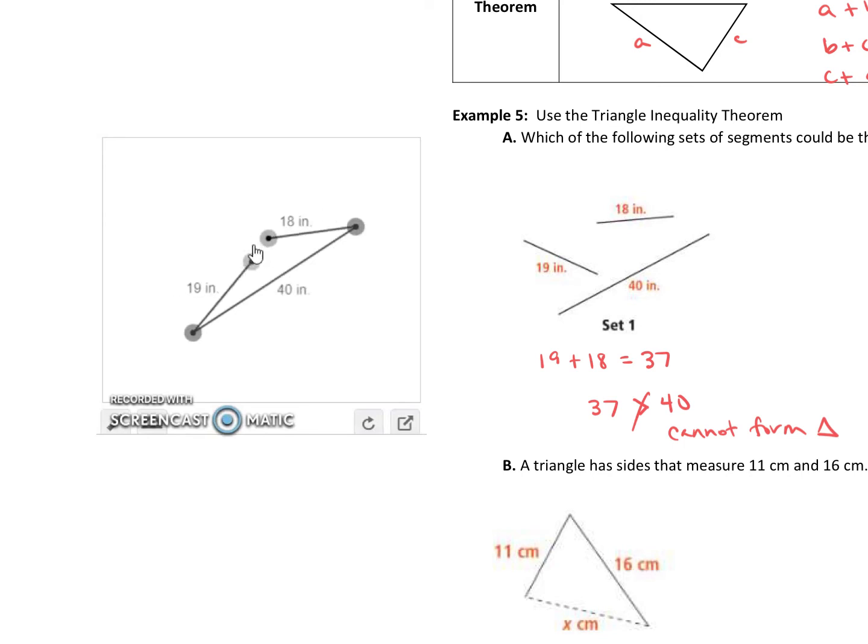If you notice, as I'm moving these sides closer, will they ever touch to actually form a triangle? You can see they clearly will not. When you add the two smaller sides together, they have to be big enough to actually touch. It has to be more than 40 units long to actually form a triangle. I thought that was a really good visual so you can see physically the issue we're running into.